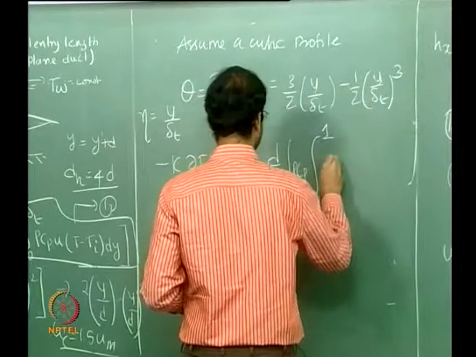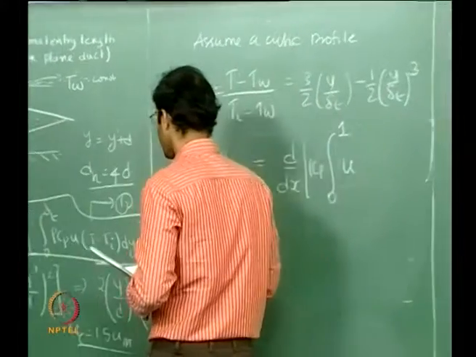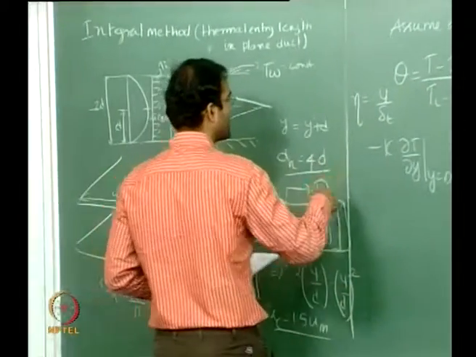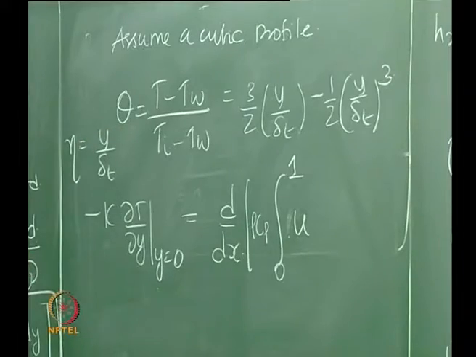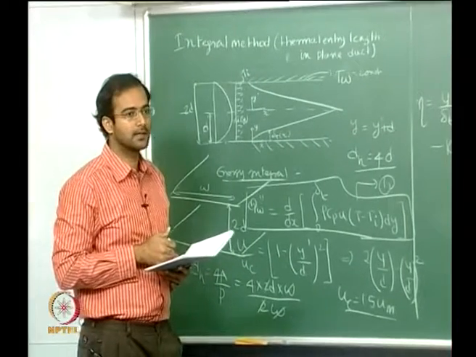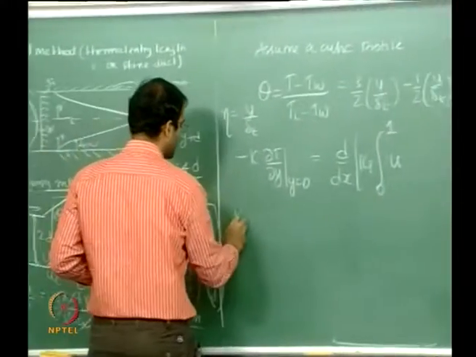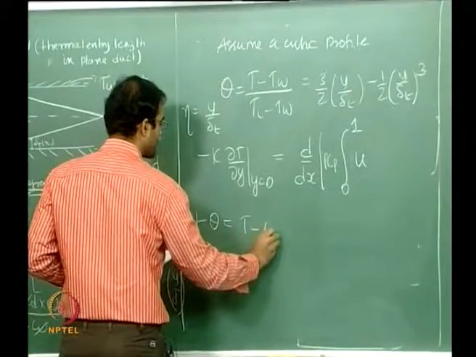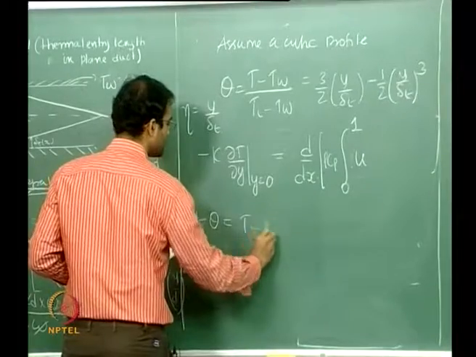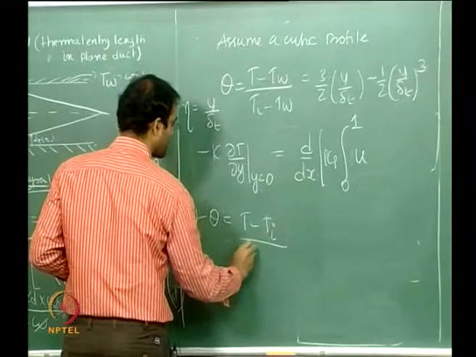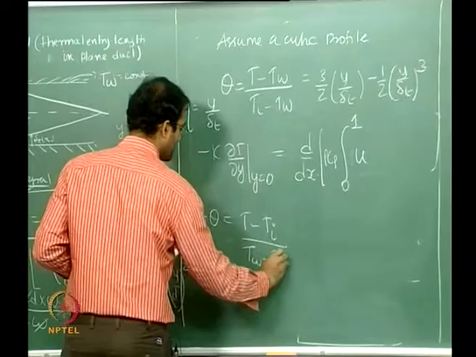I can write this in terms of theta. So how do I express T minus Ti in terms of theta? 1 minus theta will be T minus Ti by T wall minus Ti.